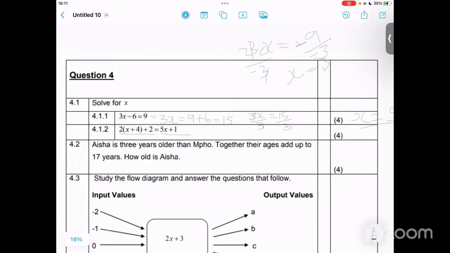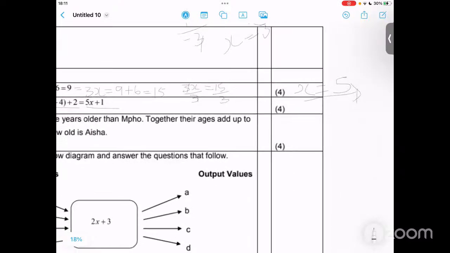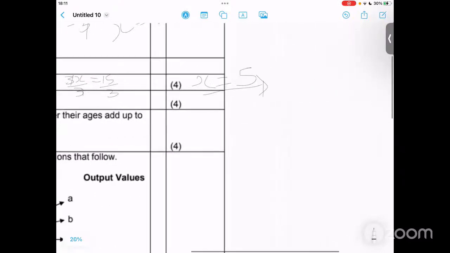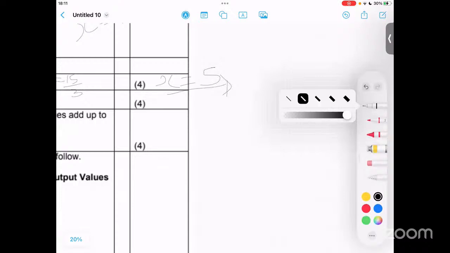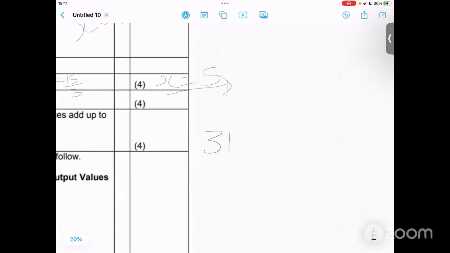Okay, let me try to write it. Can you say that again? What are we starting with? So, ma'am, what I said was 3 plus x equals to 17. Why are we having this equation?